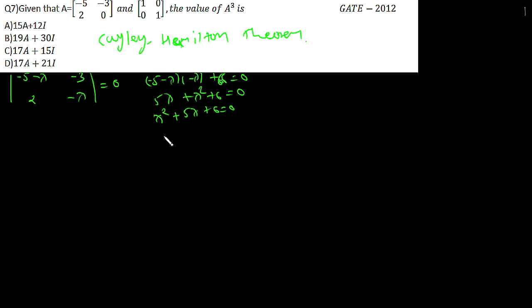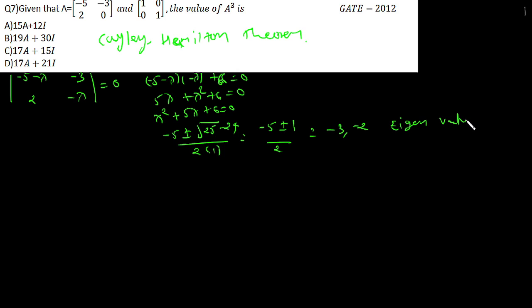Now you can find the values of lambda: minus 5 plus or minus the square root of 25 minus 4 times 6, which is 24, divided by 2 times 1. So you get minus 5 plus or minus 1 divided by 2. From there you get minus 3 and minus 2 as the eigenvalues of A.